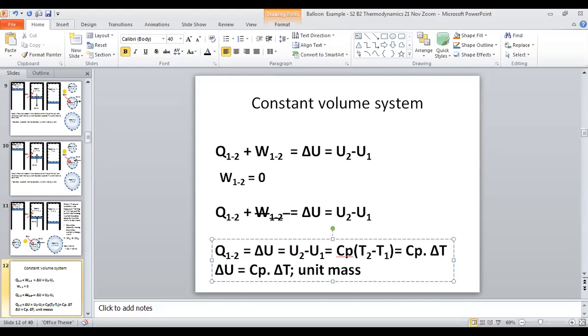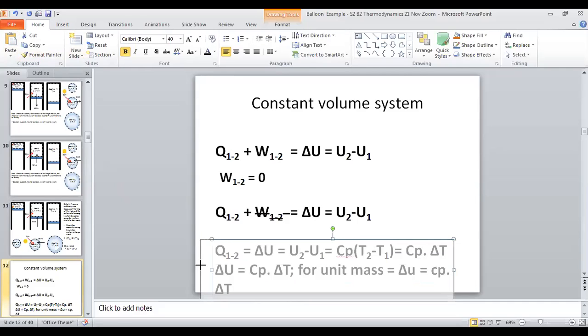Sorry, constant mass in the sense this is for the closed system, unit mass. For unit mass, delta U is Cp delta T again, but you can see this delta U is a smaller u, c is a smaller c, then we call that specific.